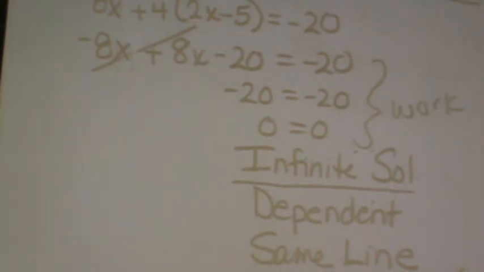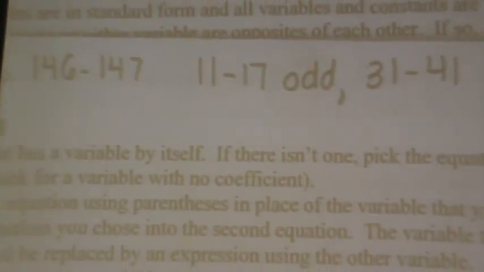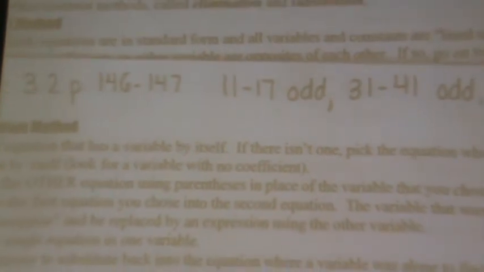Does anyone have any questions? Because I'm going to give you your homework, and you've got lots of time right now to work on this stuff. Here's your homework. Can everybody write this down? We're going to do this on paper.